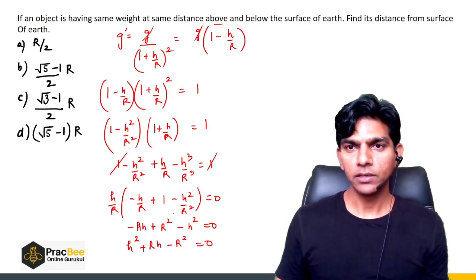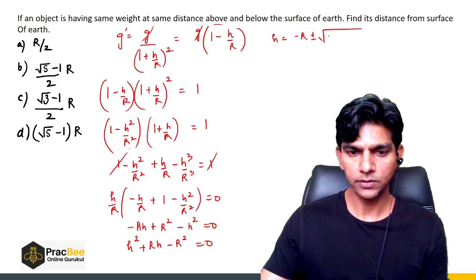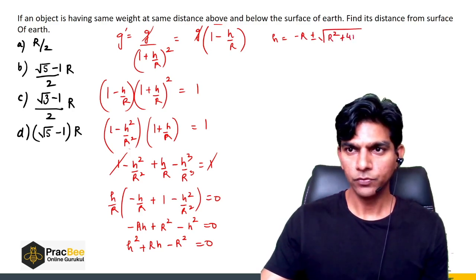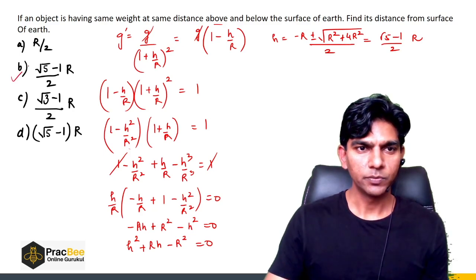Now it's a quadratic equation, so we can find the value of h as minus R plus minus root of b square, that will be R square plus 4R square, divided by 2. So this comes out to be (root 5 minus 1) by 2 times R. Okay, so option D is the right answer.